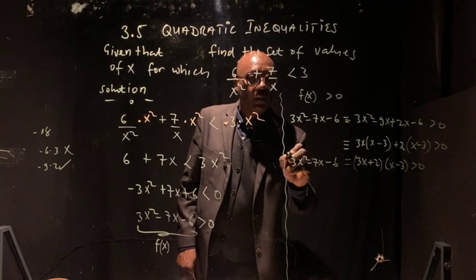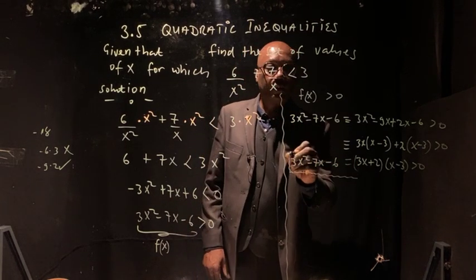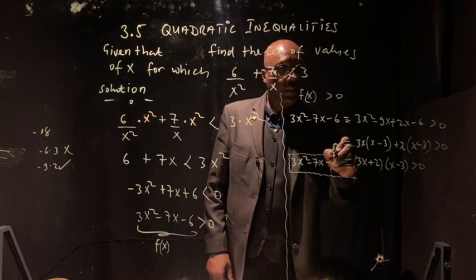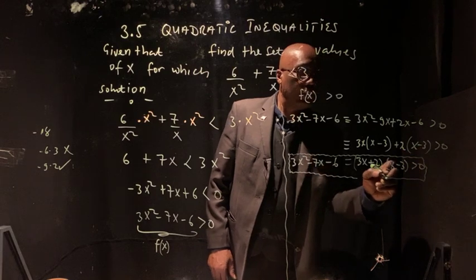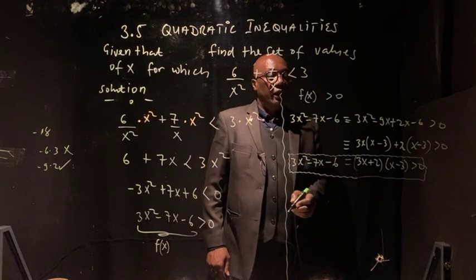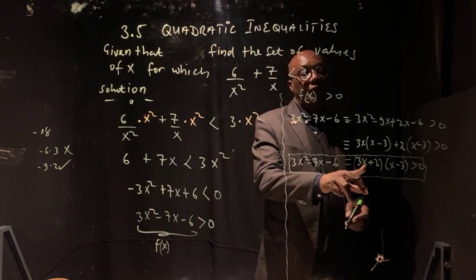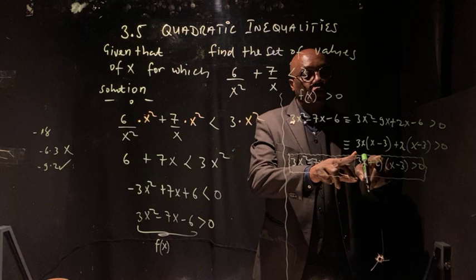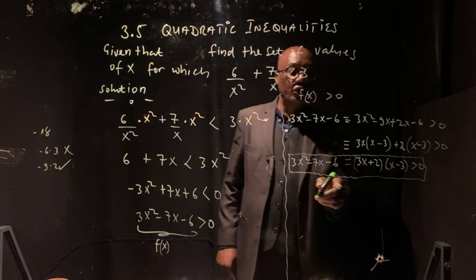Good. Okay. Where the curve will cross the x-axis, 3x plus 2 will be equal to 0, and then x minus 3 will also be equal to 0.